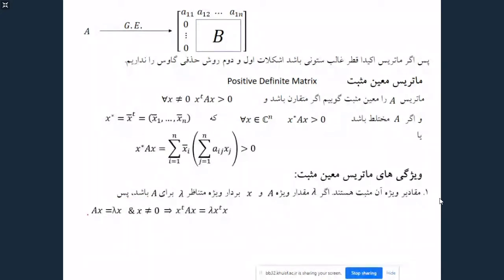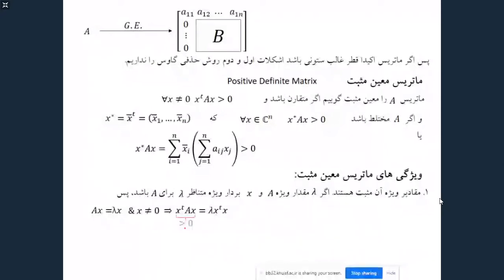If we multiply this equation by x transpose from the left-hand side, we have x transpose Ax equal lambda x transpose x. Lambda is a scalar, so we can write it out, and x is a vector.